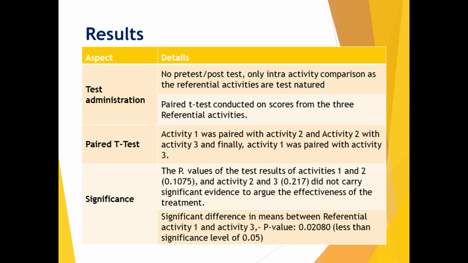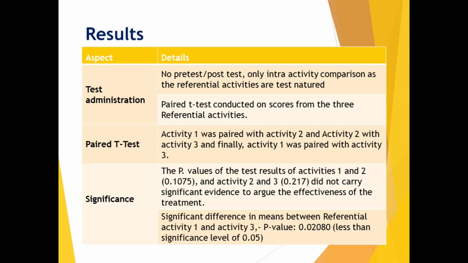Paired t-tests were conducted on scores from the 3 referential activities. Activity 1 was paired with activity 2, activity 2 with activity 3, and finally activity 1 was paired with activity 3. The comparisons between activity 1 and 2 and between 2 and 3 were not significant.